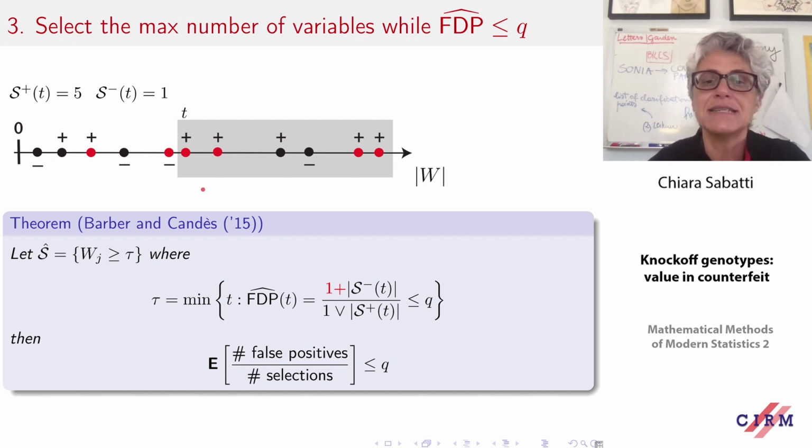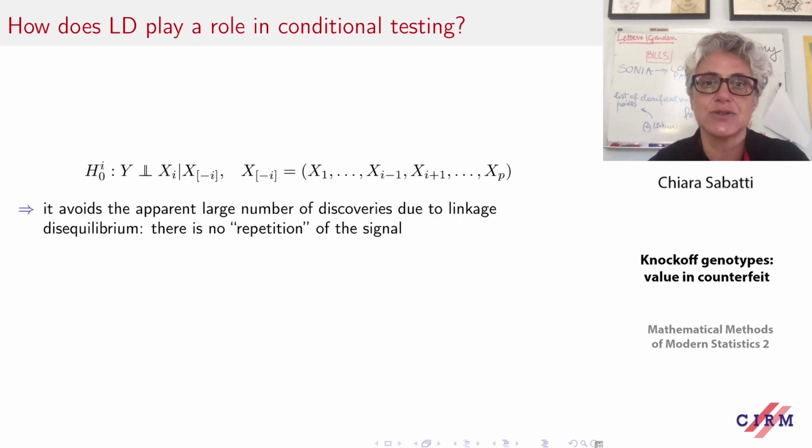So if this is our candidate selection, the candidate selection includes only the plus values. We see that there is one variable that has a W larger than T in absolute value, but a negative sign. And so that will be our estimate of how many false positives we have in this data set. So this gives us an estimate of the FDP that works well, so that we can actually control the FDR if we use this criterion to do our selections.